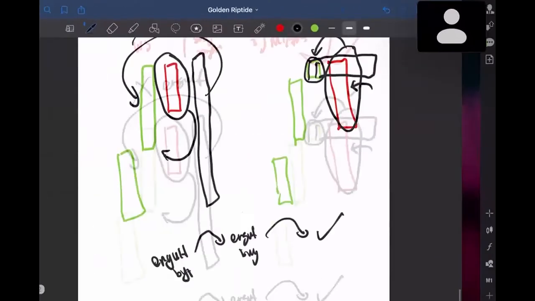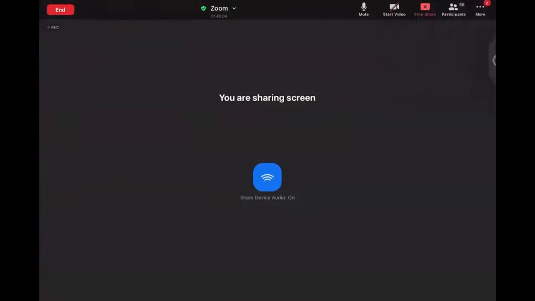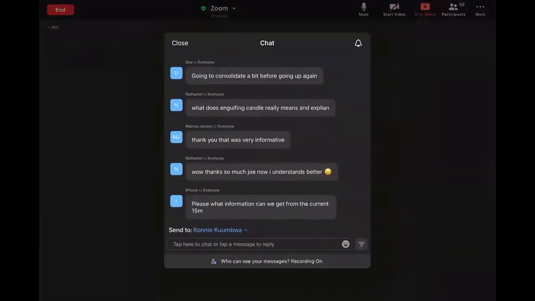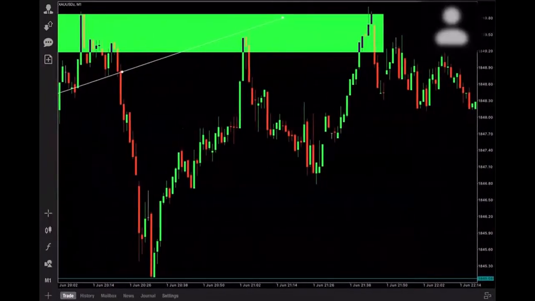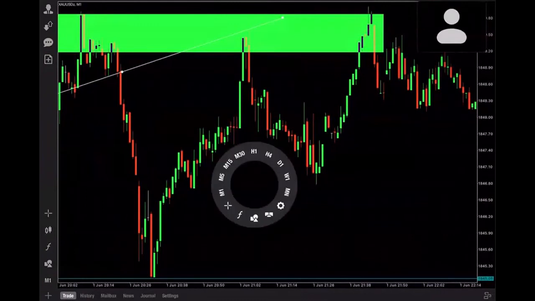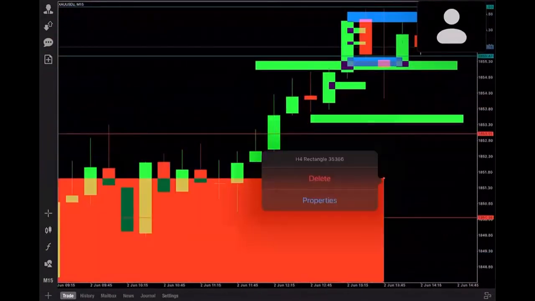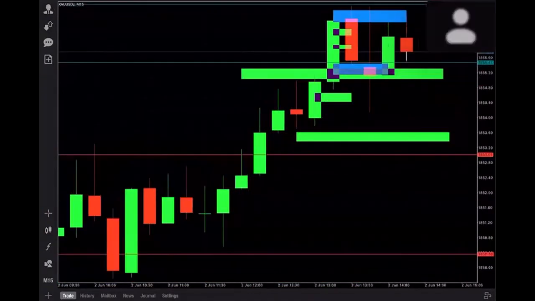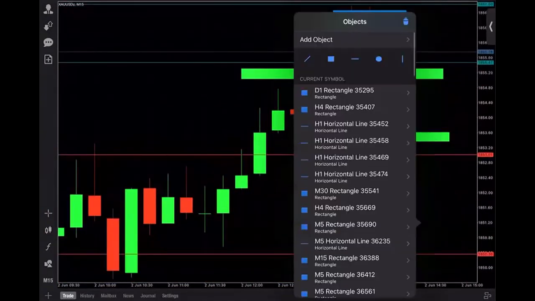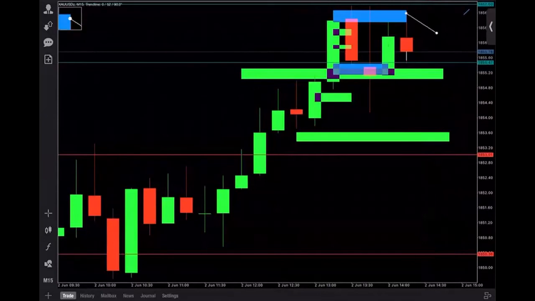So it's almost similar, for the one who asked the question: what information can we get from the current M15? We know that the current M15 touched the zone, but the previous M15 opened at our zone and flew really fast.